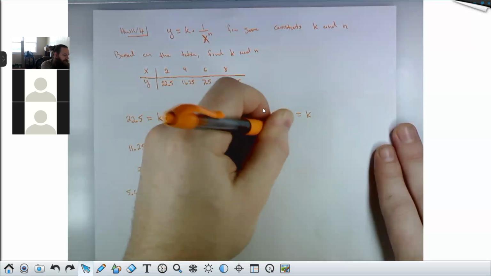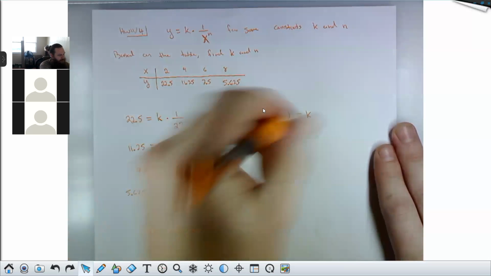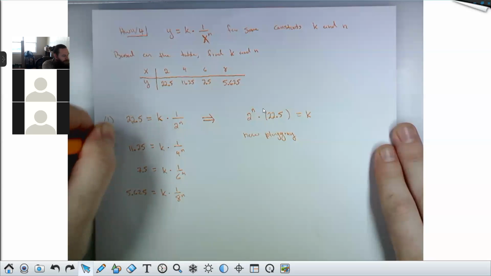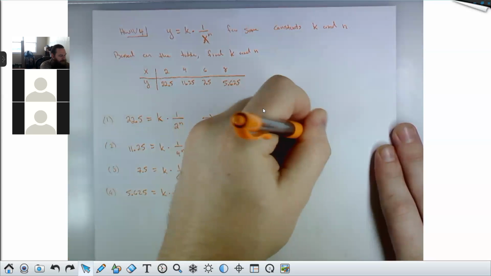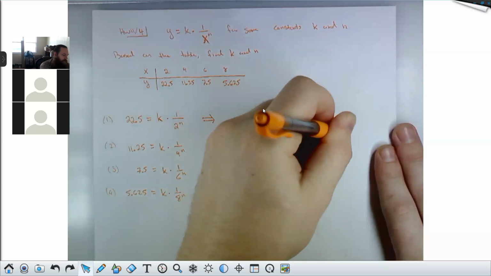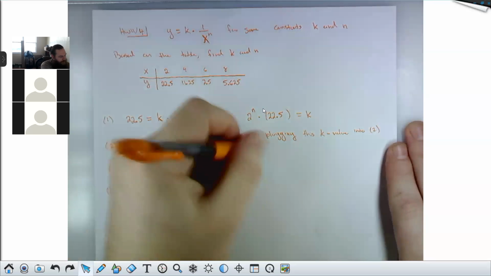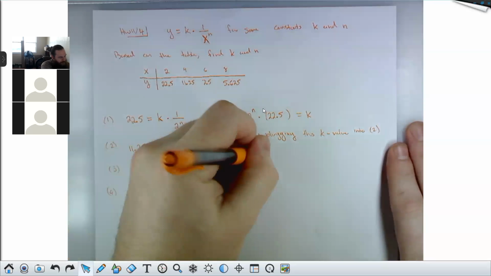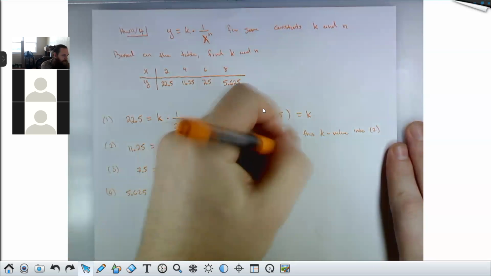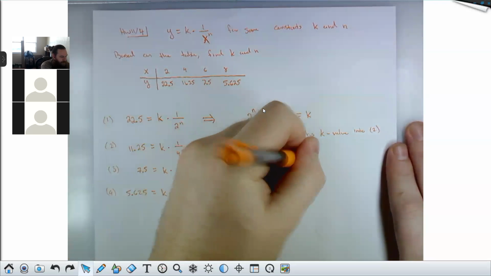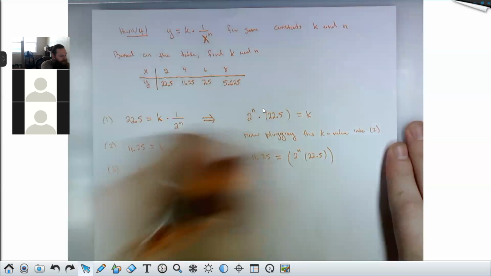This is called substitution. Really what we're doing here is solving a system of equations. You could think of just these two as a system of equations. I'll number these so I can refer to them. Now plugging this k value into equation 2, I get 11.25 is equal to k, which is 2 to the n times 22.5, times 1 over 4 to the n.